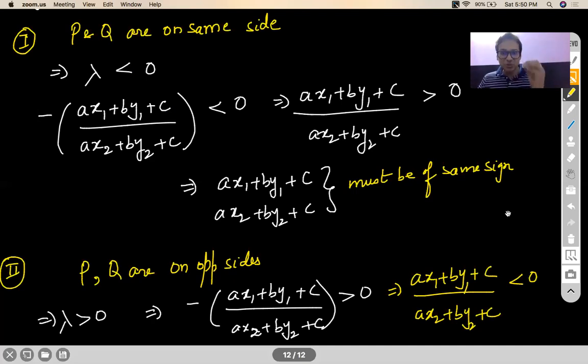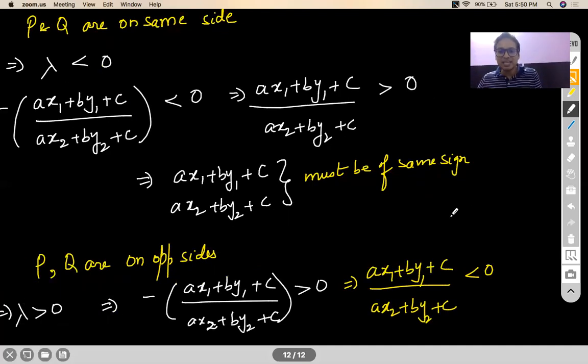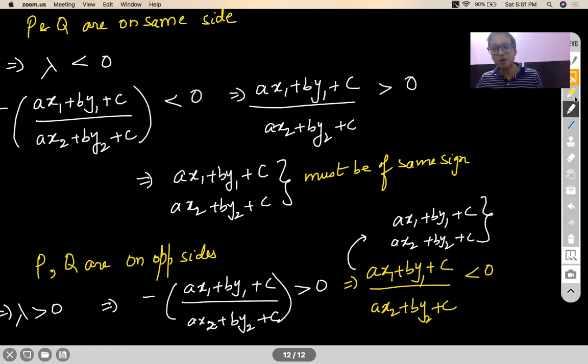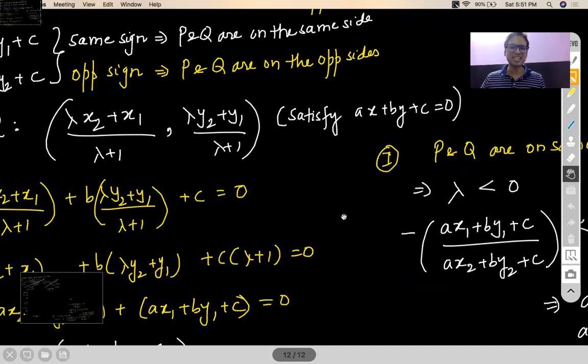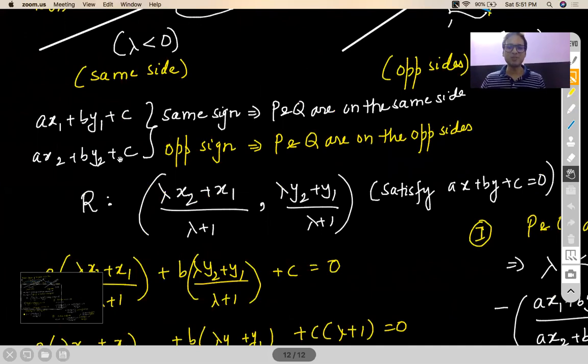So when the ratio of two quantities is negative, what does it imply? It implies that ax1 + by1 + c and ax2 + by2 + c must be of opposite sign. And that is what he said. So if P and Q are on opposite sides, then these two will be of opposite signs. Are you getting my point?